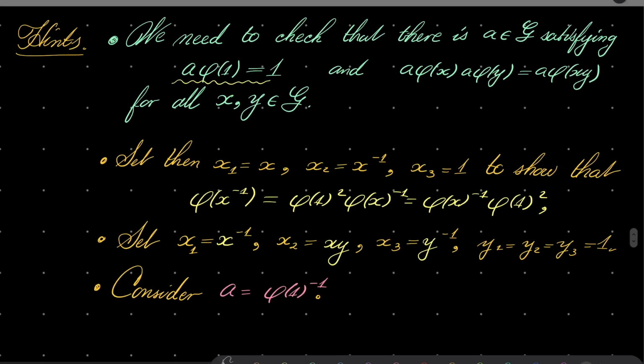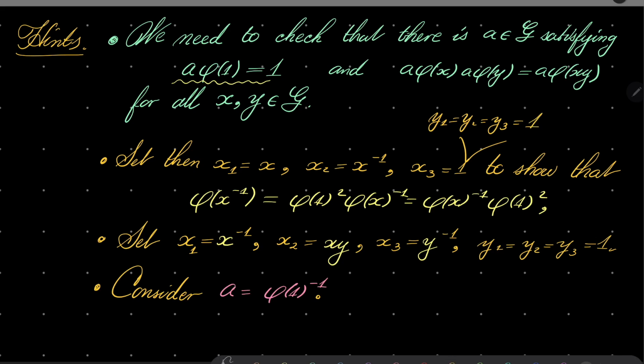But to show that this actually is a homomorphism, first set x1 to be x, x2 to be x inverse, x3 to be 1, to justify that phi of x inverse times phi of 1 equals phi of 1 cubed, and set y1, y2, and y3 to be 1 to compare it with.